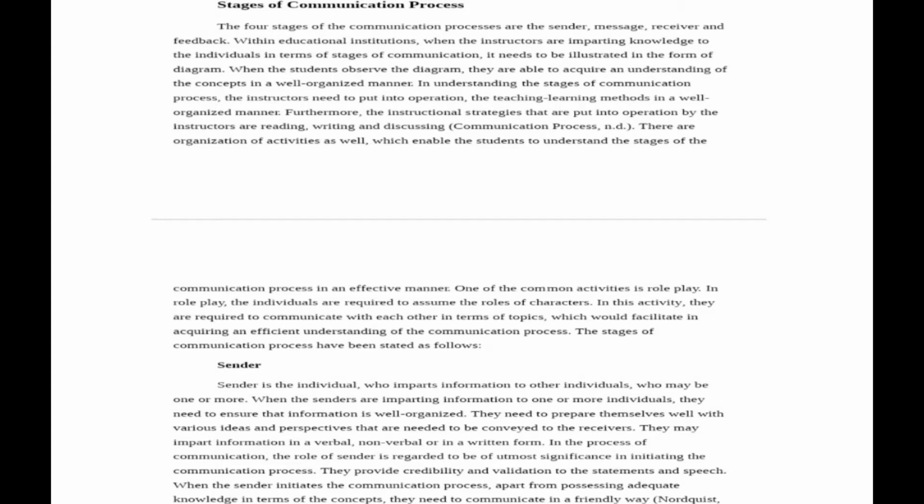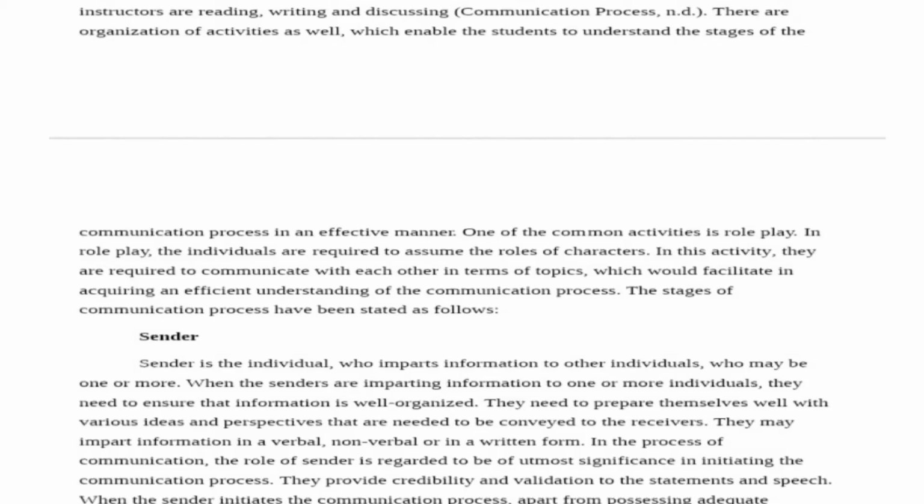One of the common activities is role play. In role play, the individuals are required to assume the roles of characters. In this activity, they are required to communicate with each other in terms of topics, which would facilitate in acquiring an efficient understanding of the communication process.